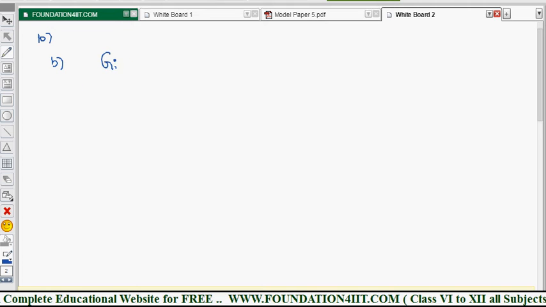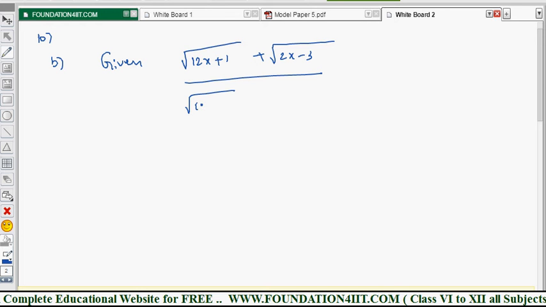Given equation is square root of 12x plus 1 plus square root of 2x minus 3, divided by square root of 12x plus 1 minus root 2x minus 3, is equals to 3 by 2.